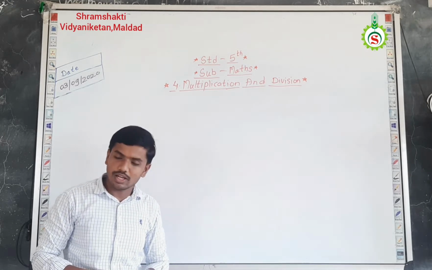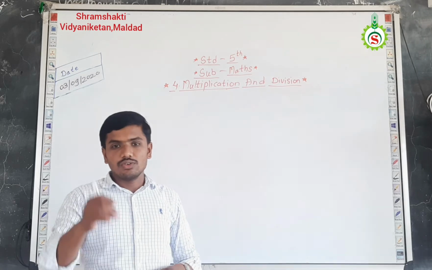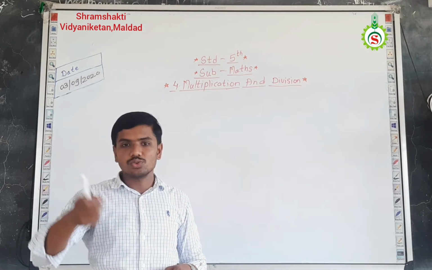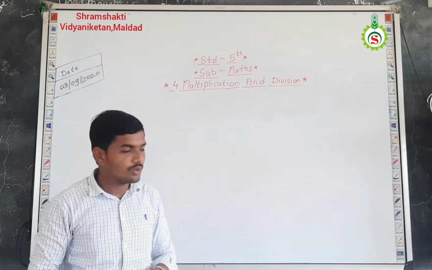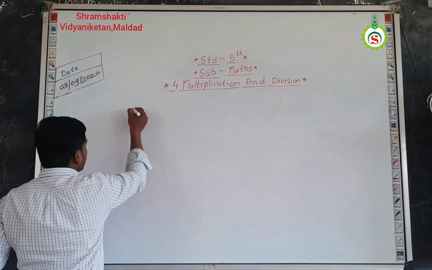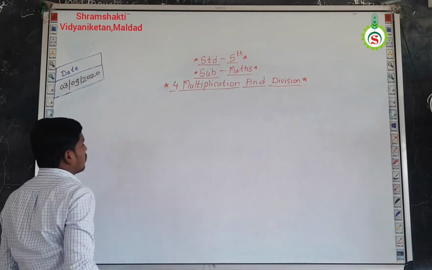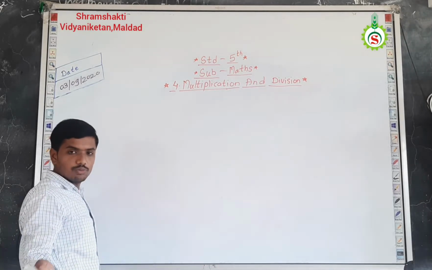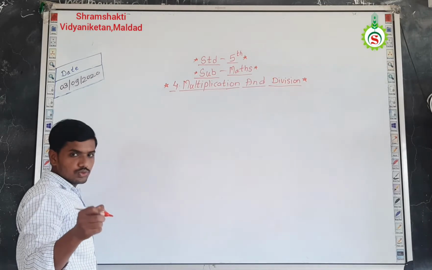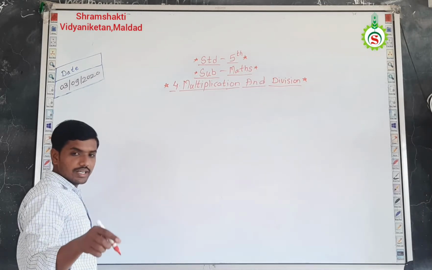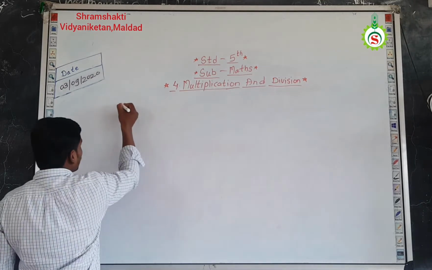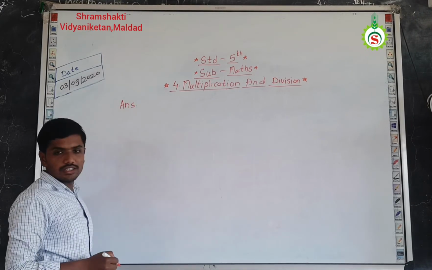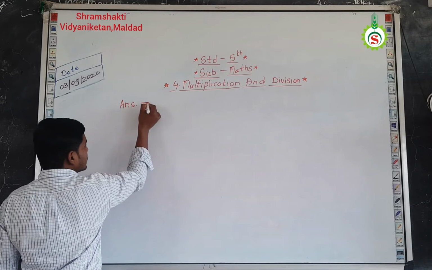So what do we have to calculate? We have to calculate the total number of bags made by all the students. For solving numericals, first we have to write down the given word problem in your notebook, and then we start to write the answer. Here, instead of writing the numerical, I am going to write the answer.